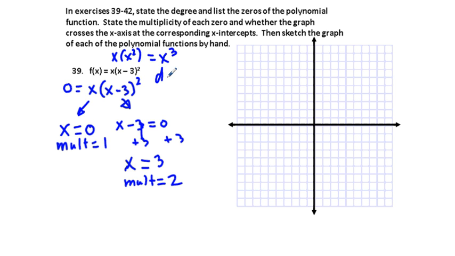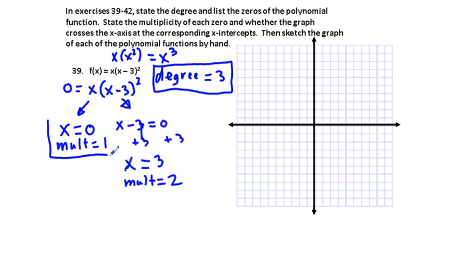So for this one, our degree is equal to 3. So we have a degree of this polynomial function equal to 3. We have x equals 0, and this particular 0 has a multiplicity of 1 because that 0 occurs once. And the 0 x equals 3 has a multiplicity of 2.